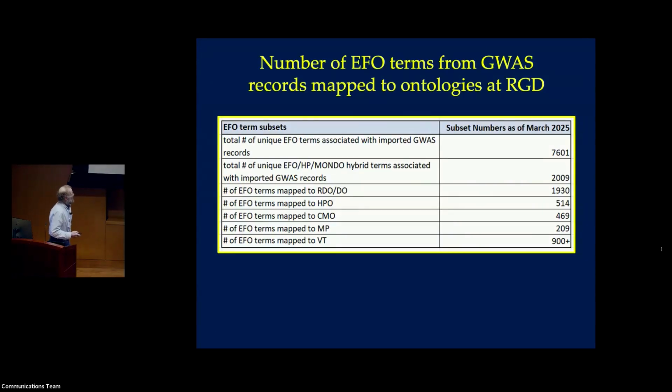This is a list of the records or the terms that were matched. We started with about 7,500 unique EFO terms from the imported GWAS records, and a second batch of terms, about 2,000 worth, were hybrid terms where EFO had imported HP or Mondo terms to replace or substitute for the EFO term.